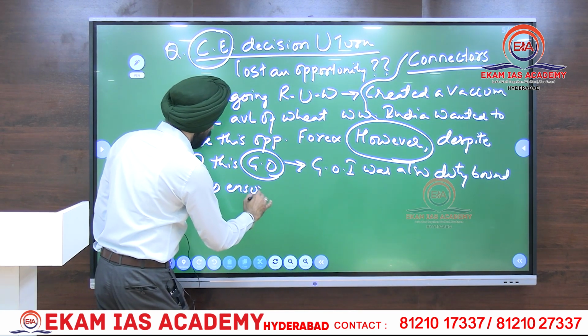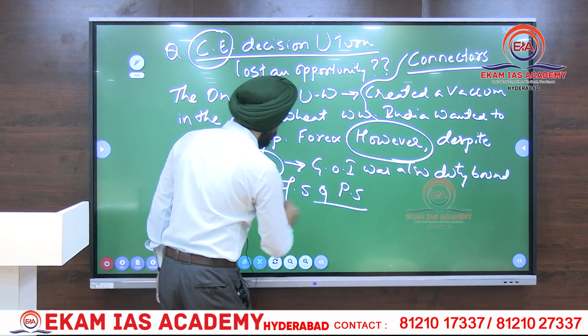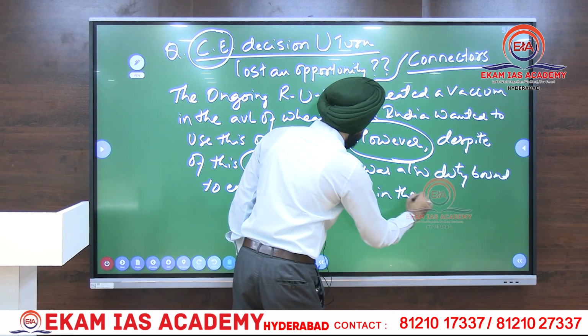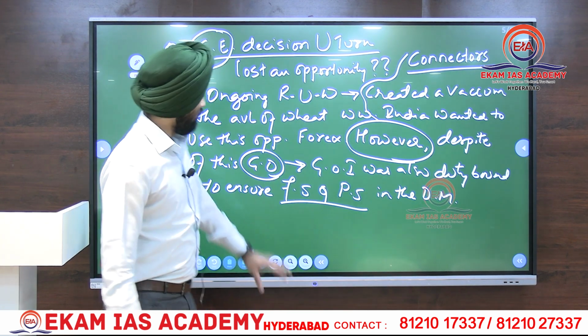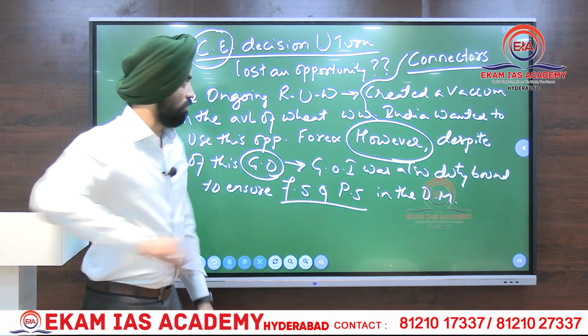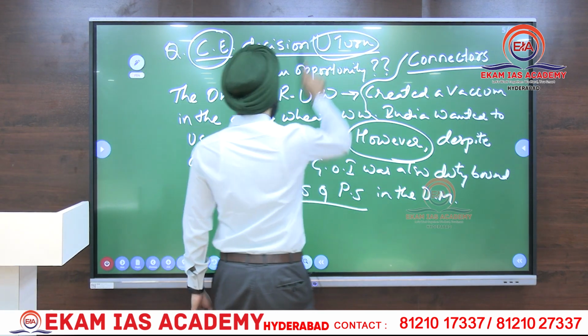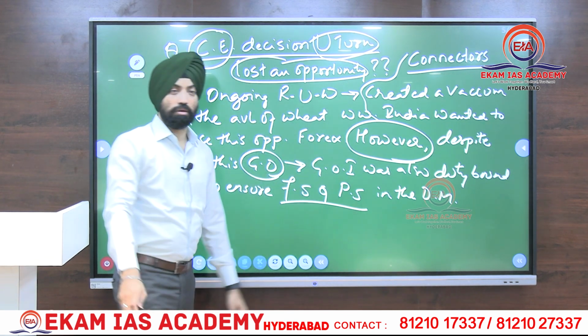Two things. Ensure food security and price stability in the domestic market. So in 2, 3 lines only you have given the entire reason why you have taken a U-turn, or whether it was a lost opportunity or not.